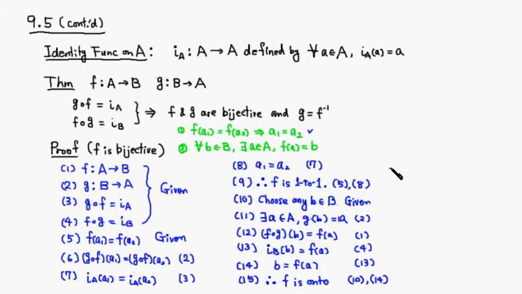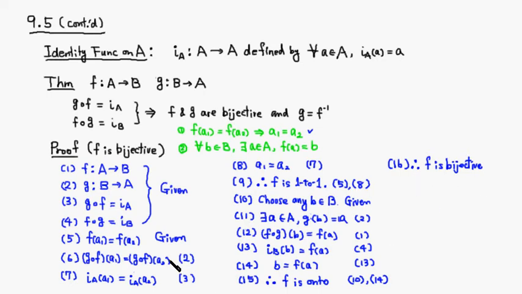So the final conclusion is, line 16, therefore f is bijective, which is a fancy word for one-to-one and onto.